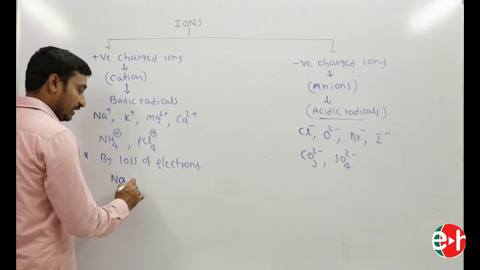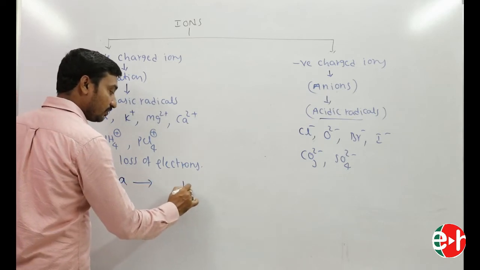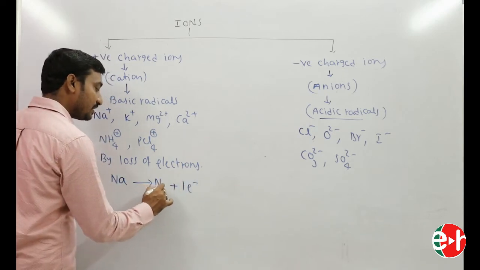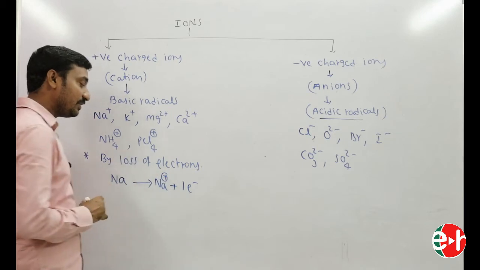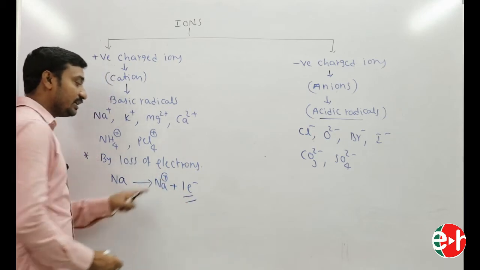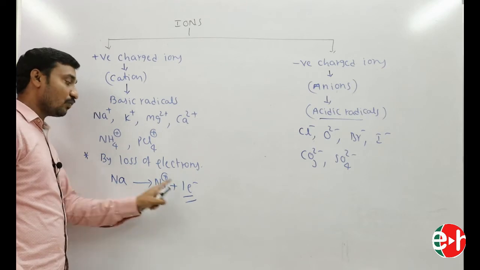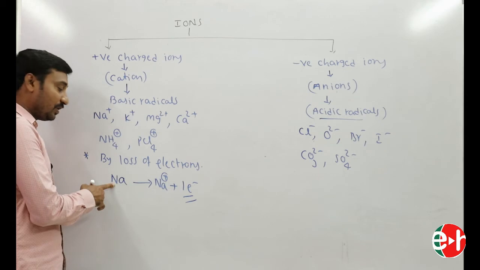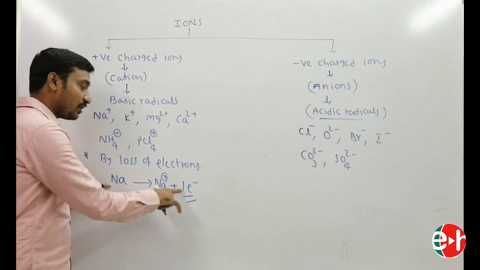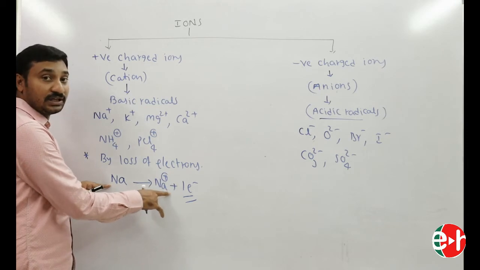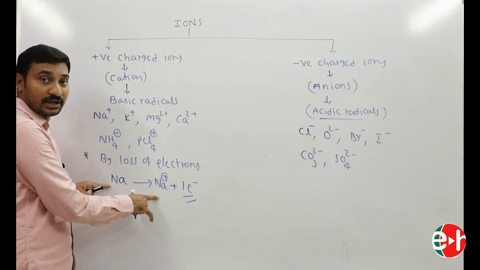Na. If it lost one electron, then Na plus is formed. How is a positive charge formed? By loss of electron. Here it lost one electron. That's why it has a positive charge. This is a neutral atom; if it loses electrons, a cation, that means a positive ion, is formed.